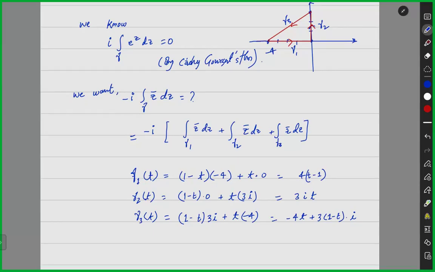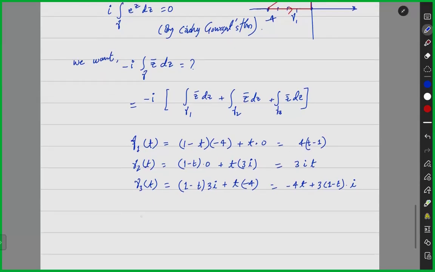Let's see what our integral is: minus i as it is, and in place of gamma 1 we are going to write the integral from 0 to 1 of 4t minus 4 dt, plus for gamma 2 we are going to write 0 to 1, putting gamma 2 in place of z bar.